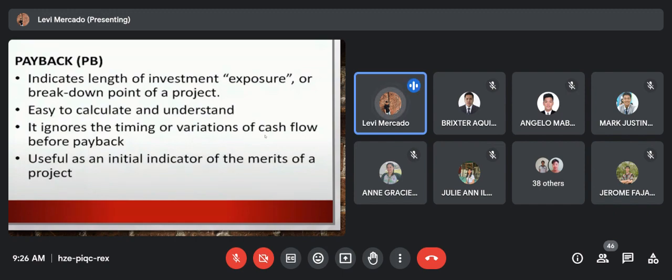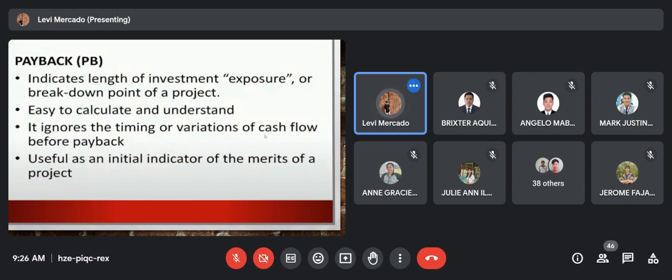Ang tawag dun ay break-even point. From that break-even point, parang nabawi na natin yung puhunan natin. From there, magsa-start na tayong magkaroon ng profit o ng tubo.